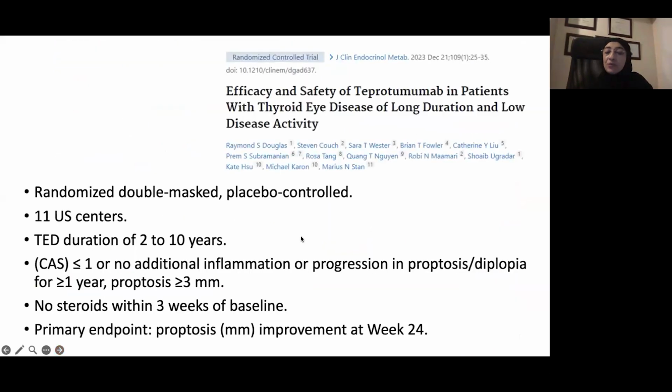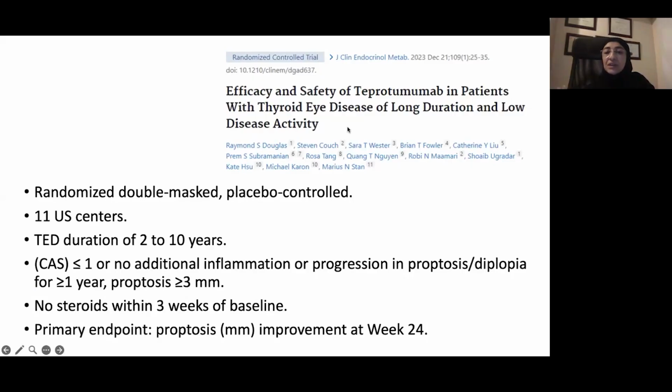What about teprotumumab, which has been used for the last 4 years? This is a study addressing the efficacy and safety of teprotumumab. It is a big multi-center study across the US, with disease duration ranging from 2 to 10 years and CAS score of a mild degree.